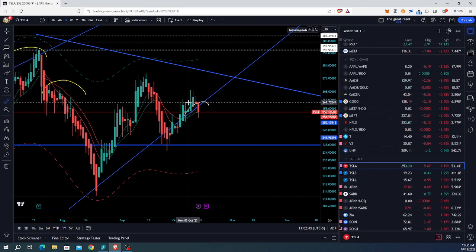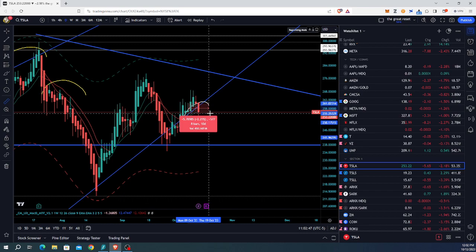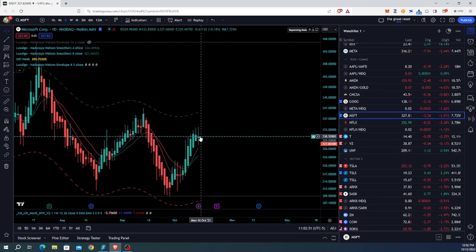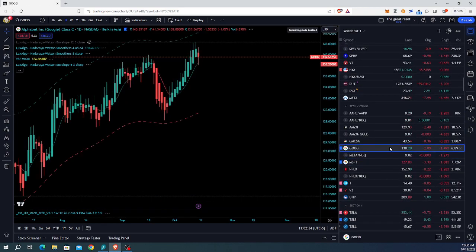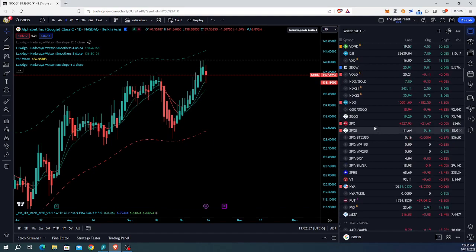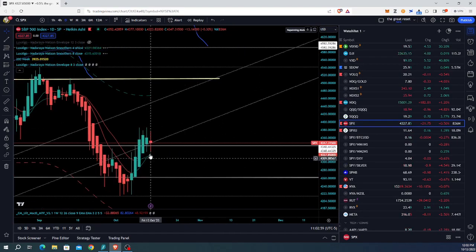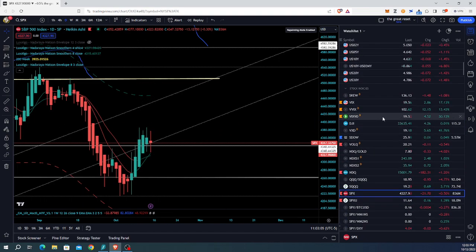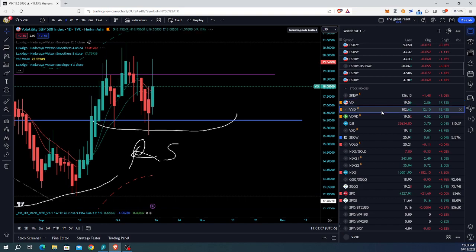There was Monday. Tesla's about down 2.1%. Microsoft's still up. Google's still up relatively. Let's look at the S&P. S&P's had a down day, but still kind of up. But you see what I'm saying, though. We got the VIX rising very sharply here.